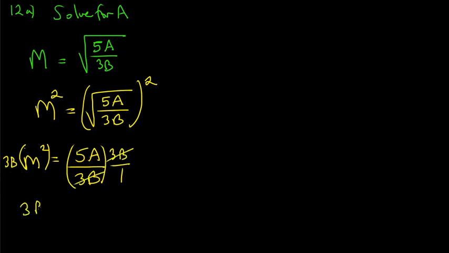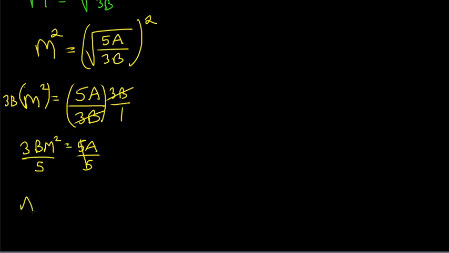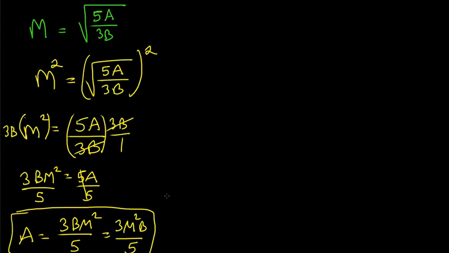We get 3bm squared is equal to 5a. Now just divide by 5. And that cancels, so a is just 3bm squared over 5. Or if you prefer, 3m squared b over 5. Order doesn't matter. And that solves for a.